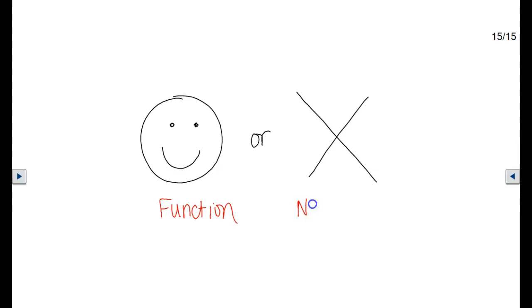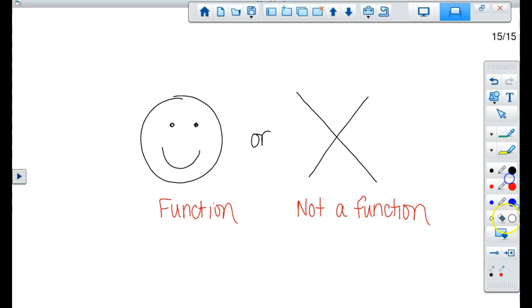If you think it is not a function, then grab the red X and drag it over and place it on the problem. So you'll drag and drop one of the two symbols on top of the problem to say yes, it is a function, or no, it's not.